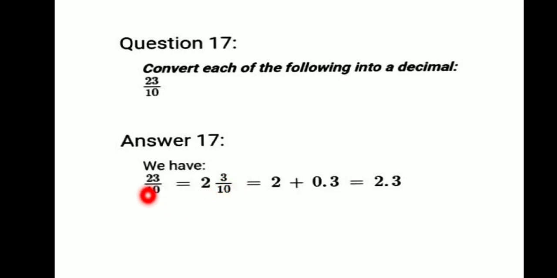When you divide 23 by 10, you will get 2 whole 3 upon 10. 2 plus 0.3. So the answer should be 2.3. Understand? The 2 that is written as the whole number, you will write outside, and convert this fraction into 0.3, so your answer will be 2.3.